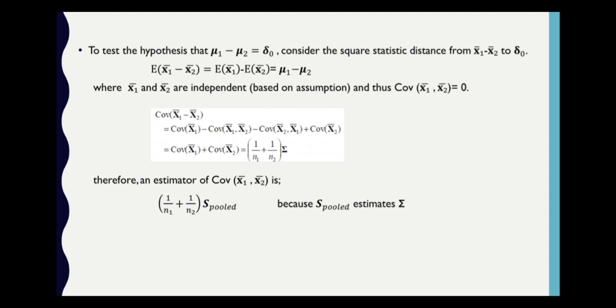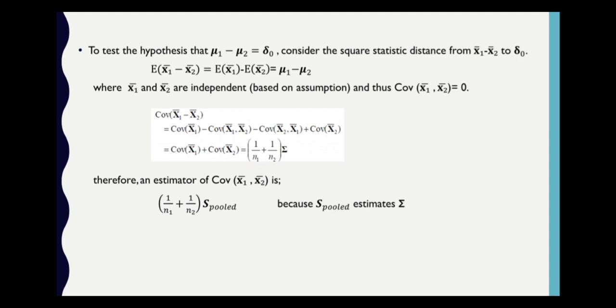Okay, and also we know from the previous chapter that the covariance of a mean vector is big sigma divided by n.